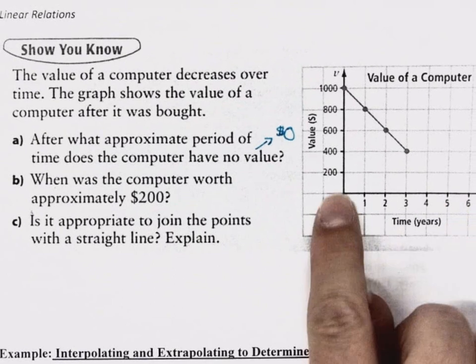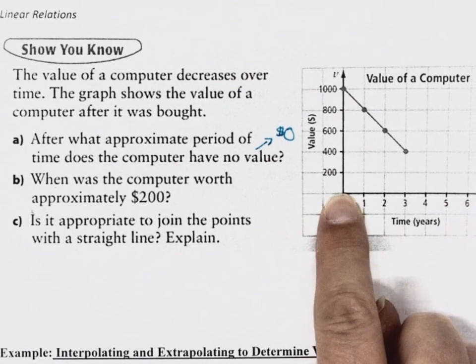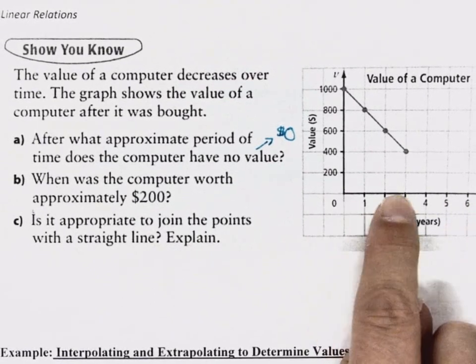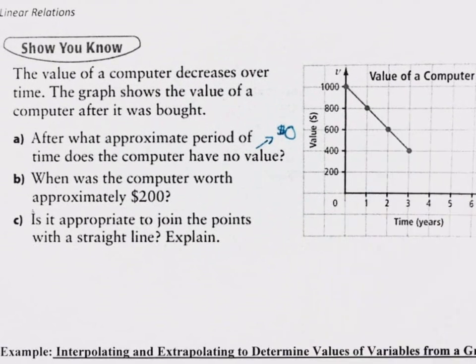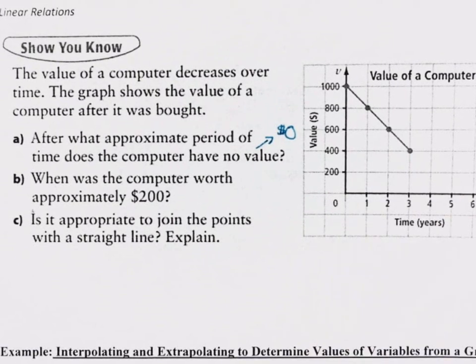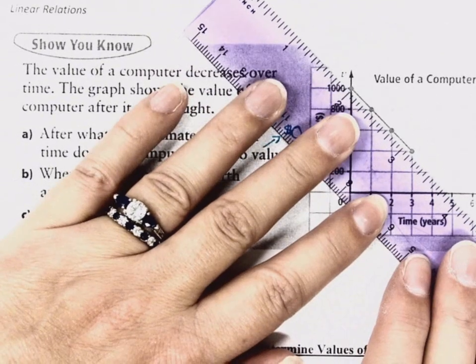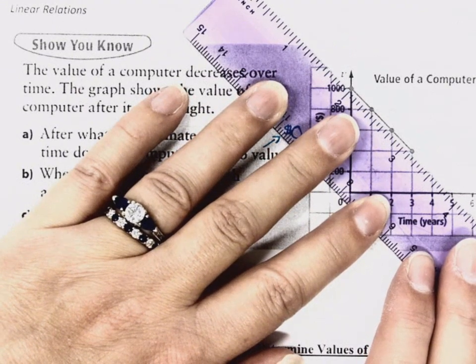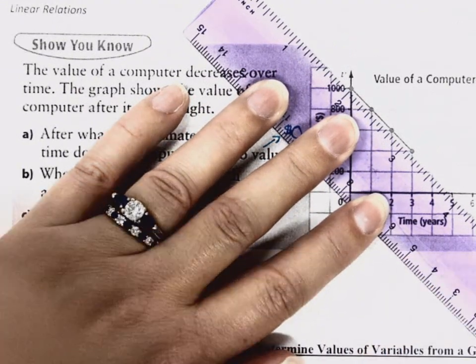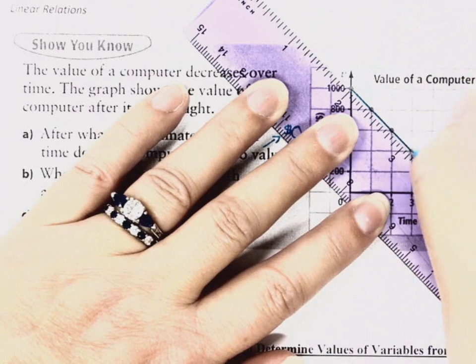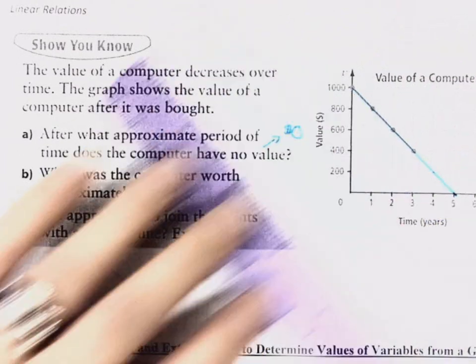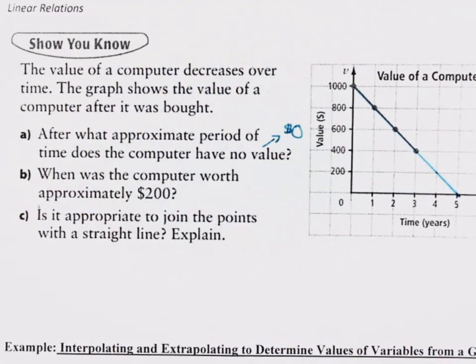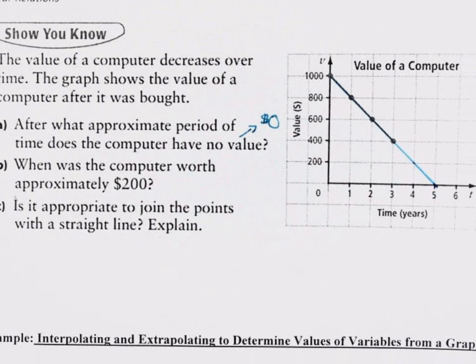So here we don't know the $0 value right here at the corner, right on this line. So we don't actually know. So what we're going to do is we're going to take a ruler and we are going to extend this line till it reaches the bottom there. All right.